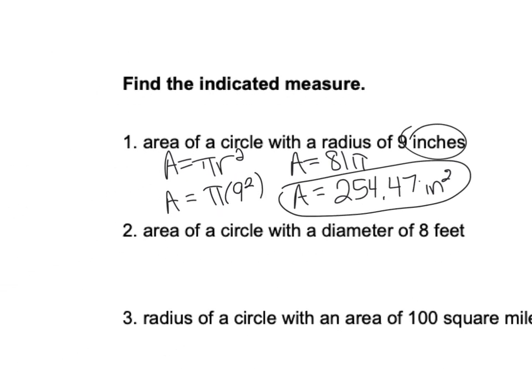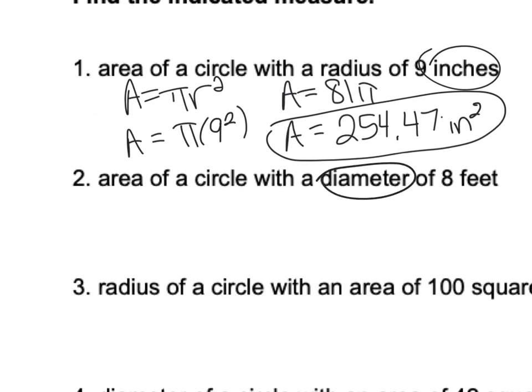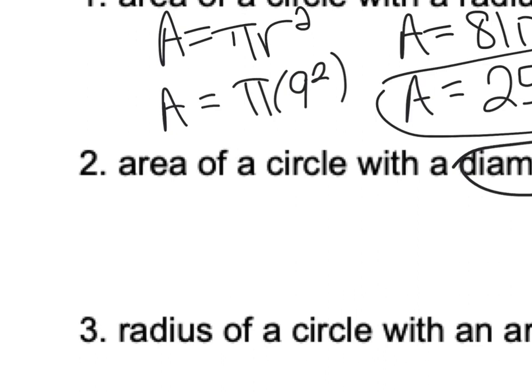So the area of a circle with a diameter of 8 feet. Again, we don't want to use diameter. We need to use radius. So we know if it has a diameter of 8, it has a radius of 4. And our formula again is pi r squared.